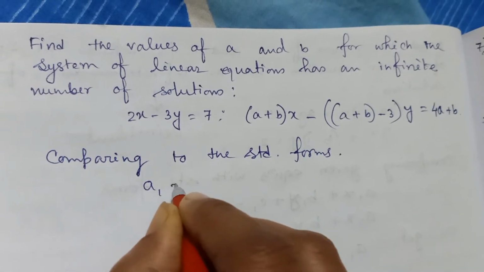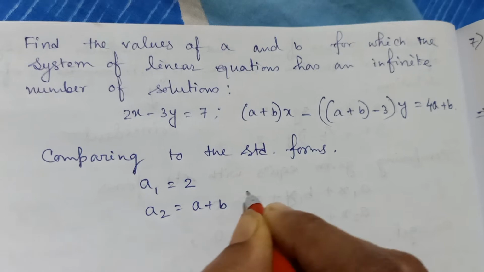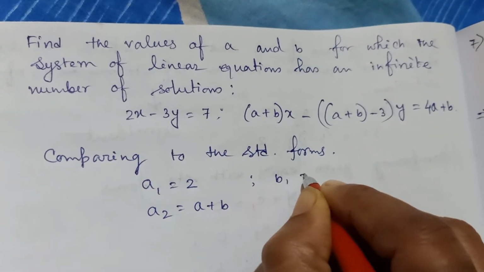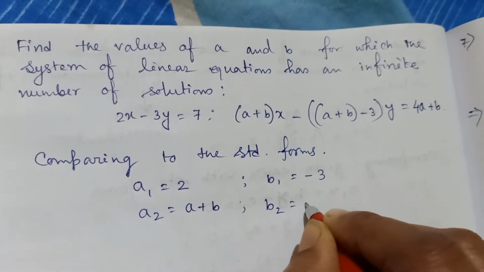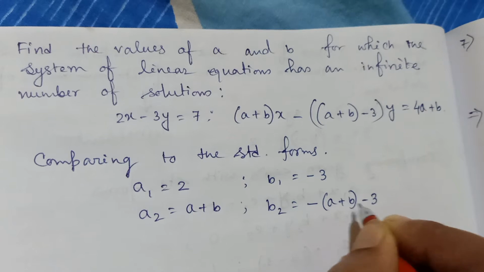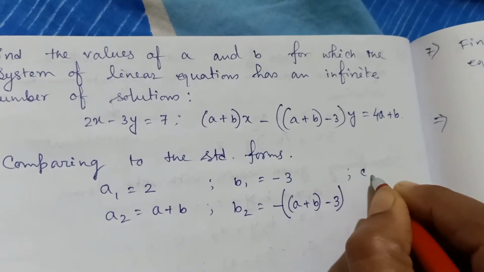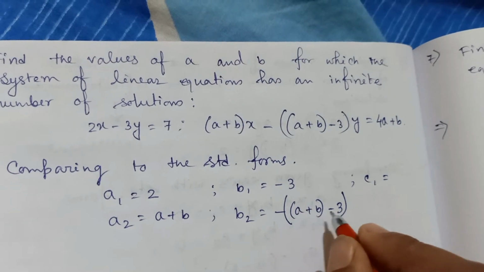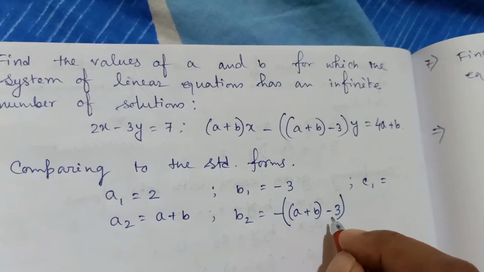To the standard forms. So the standard forms I already wrote in the first one. That means a1 will be 2, a2 is a plus b, b1 equals minus 3, b2 equals minus of a plus b minus 3, c1 equals, please look minutely at the brackets I have used.